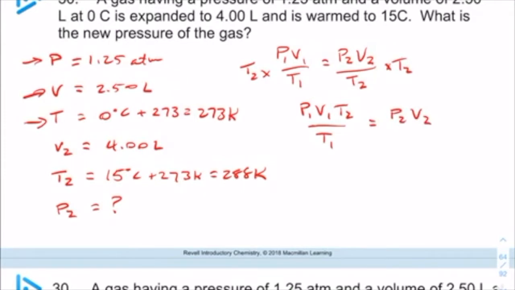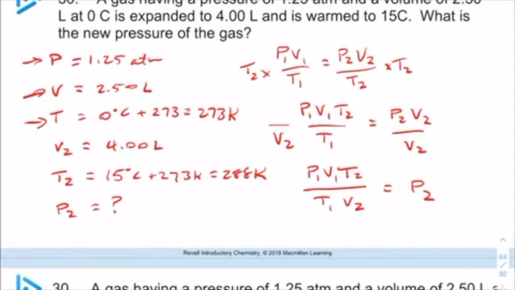Now I want to divide both sides by V2. So what I get is P1 V1 T2 over T1 V2 equals P2.